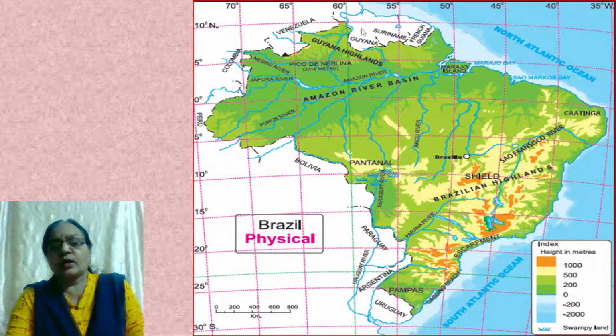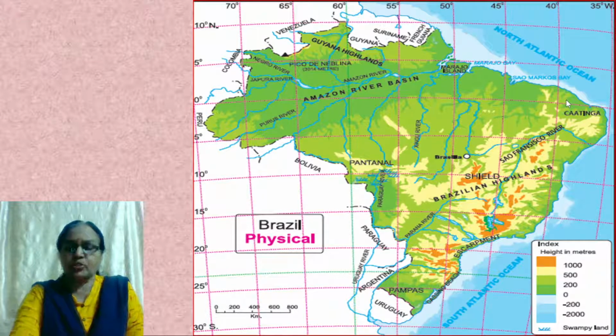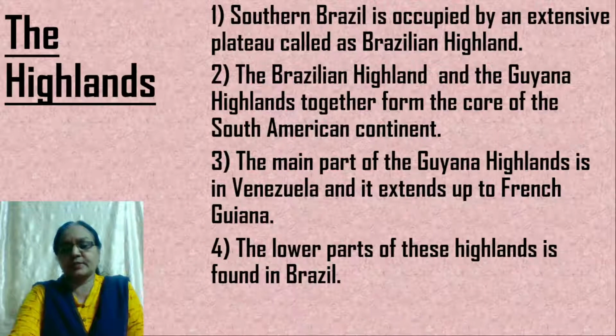Now the northern coast consists of the mouths of many rivers like the Amazon as well as its tributaries, and extends from Amapá province to Rio Grande do Norte. Okay, and this consists of, as I said, the mouths of many rivers.